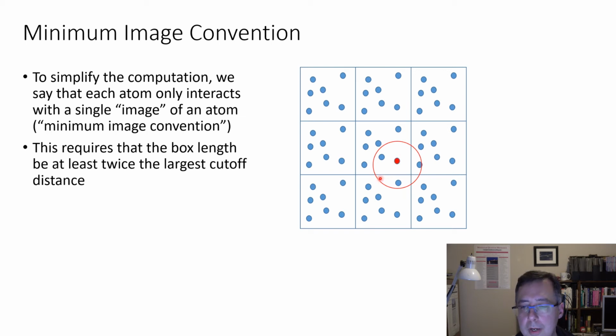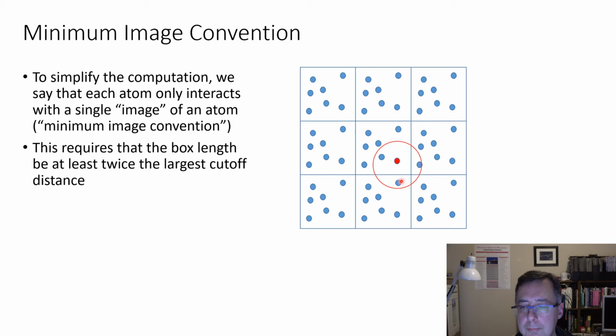So that's a situation where you basically have some kind of cutoff radius, say, and you say that the reference atom here in red maybe interacts with this blue one and this blue one and this blue one, but not all the replicas of those atoms.